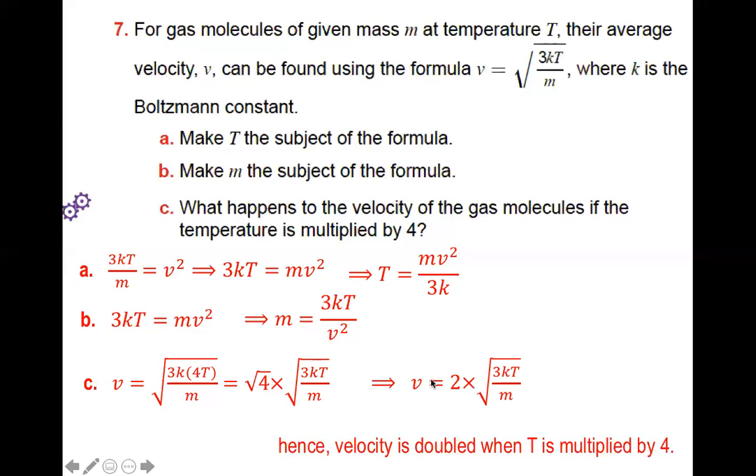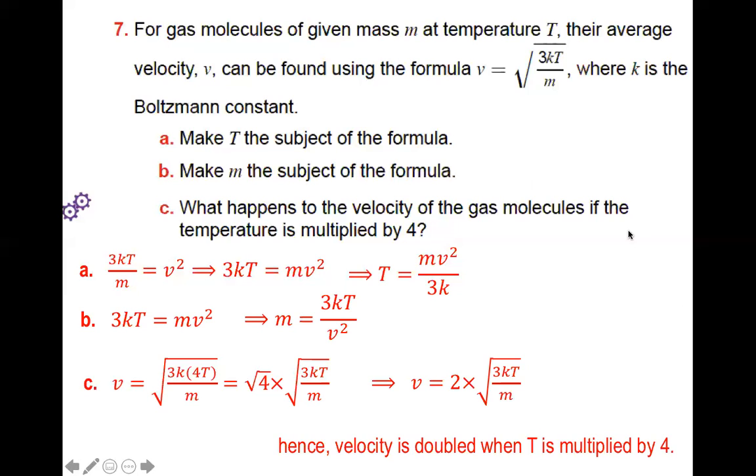Then it becomes just V equals 2 times what you started with. So if the temperature is multiplied by 4, your answer should just be the velocity is doubled, because now we've got 2 times the original V here, square root of 3kt divided by m.